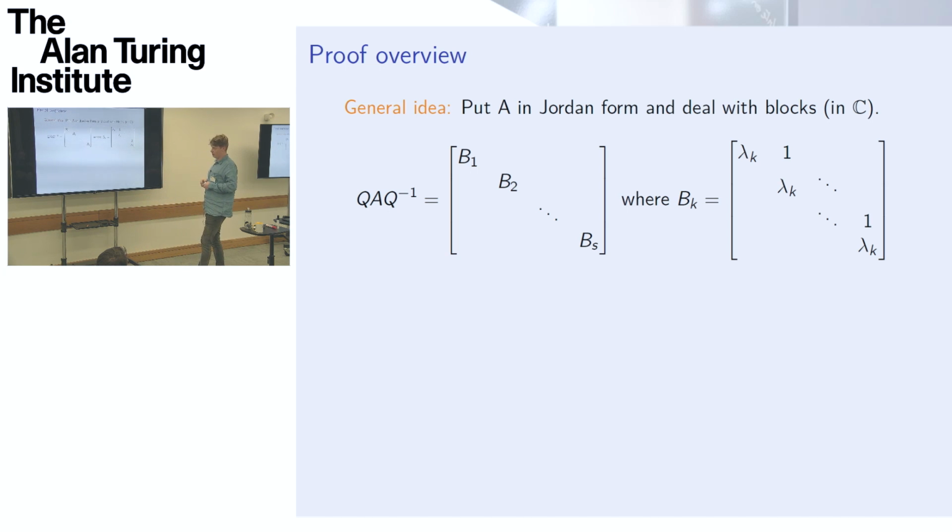If the matrix were diagonalizable, we would have only trivial Jordan blocks, of size 1. When we have a Jordan block of size 1, no ones appear. When the matrix is non-diagonalizable, we have bigger Jordan blocks. These are classic results. Now we're working in the complex numbers, because we need an algebraically closed field in order to put our matrix in Jordan form.